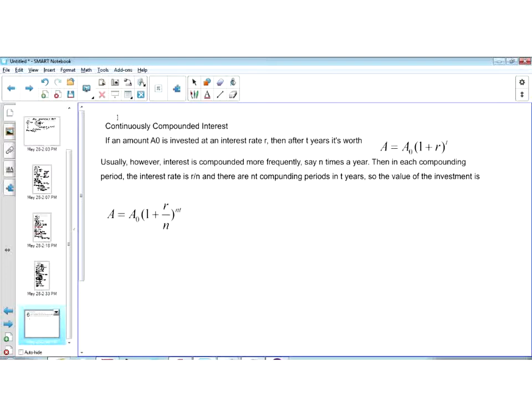Now, of course, what we usually like to do is let n run to infinity.